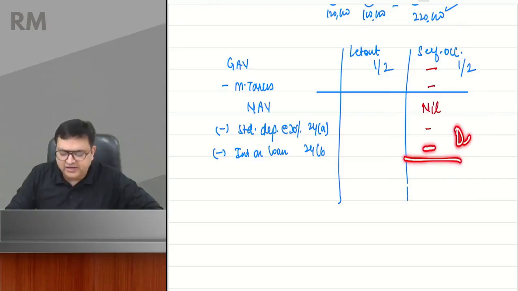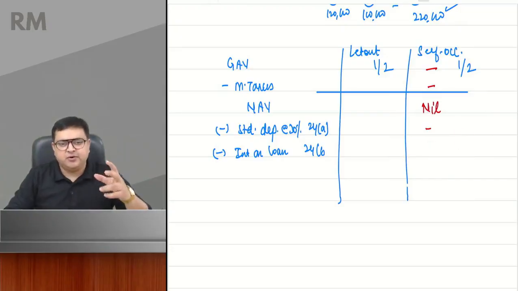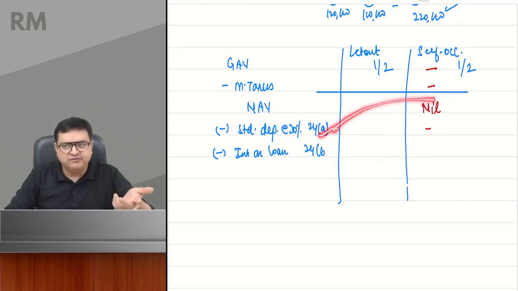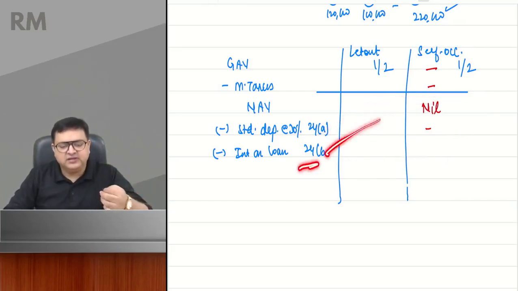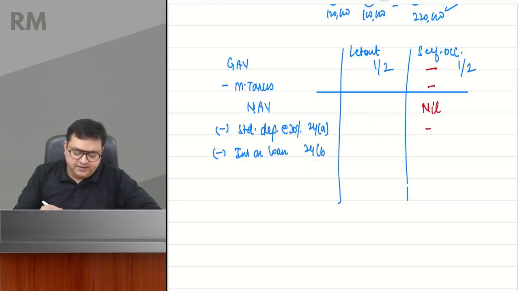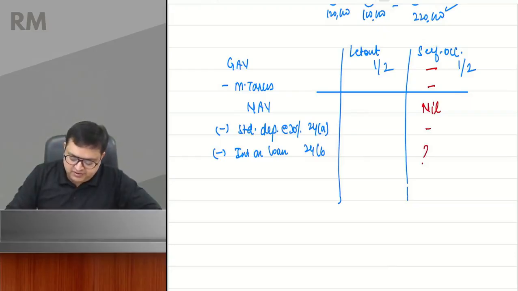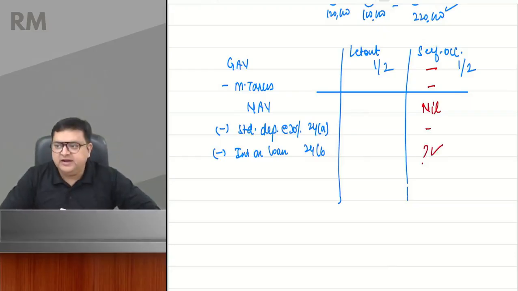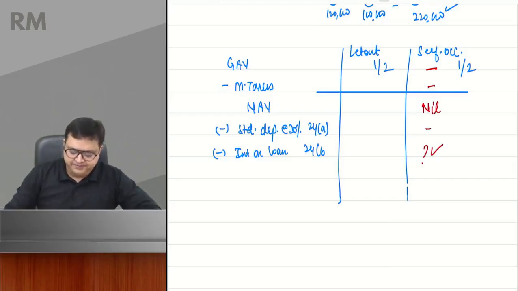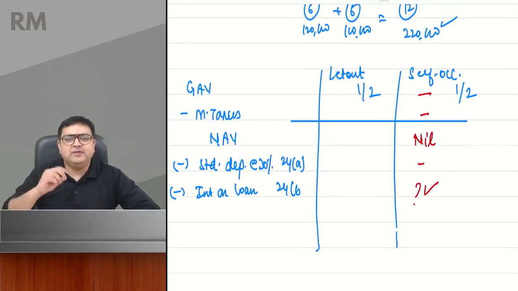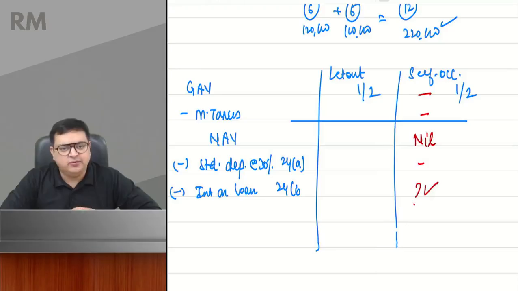But in optional regime, we can get this amount. Guys, please tell me, up to any limit or there is a limit? In optional regime, interest on loan can be allowed. Tell me the limit, how much it is.